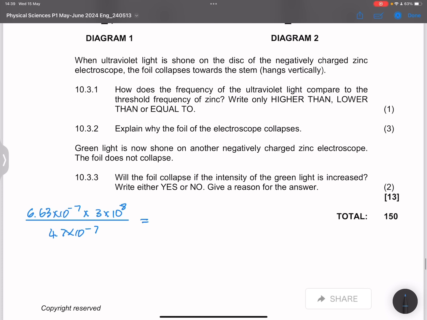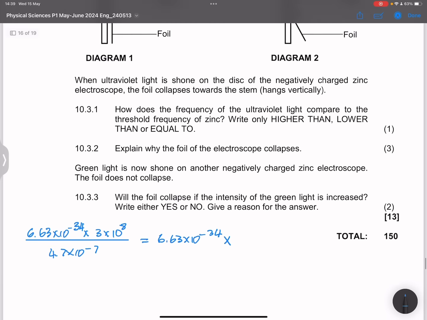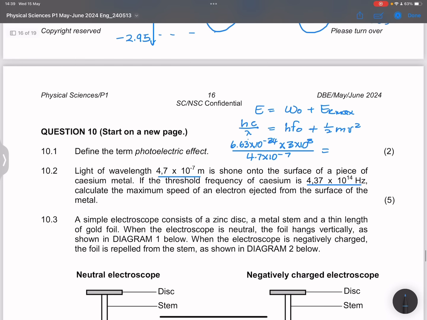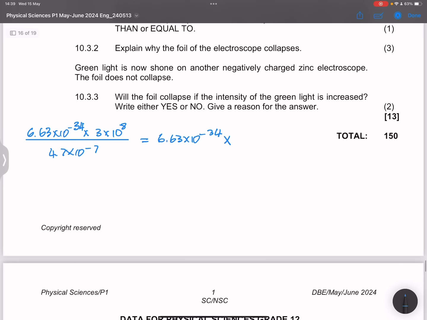And this is equal to, again, 6.63 times 10 to the minus 34, I said minus 7 for some reason there. Multiplied by, now the threshold frequency that we were given is 4.37 times 10 to the power 14.